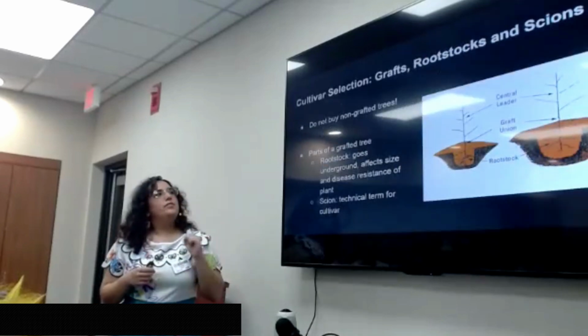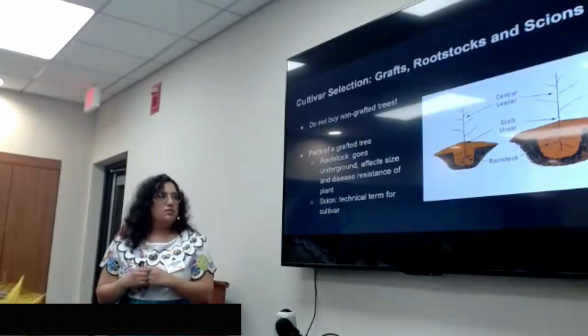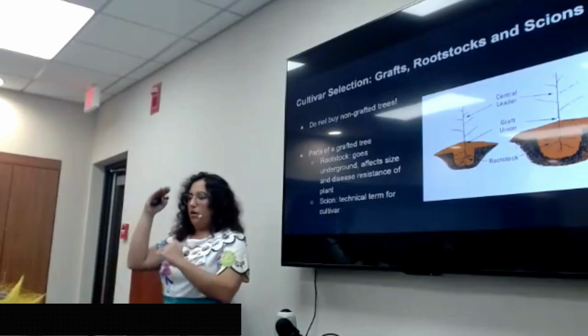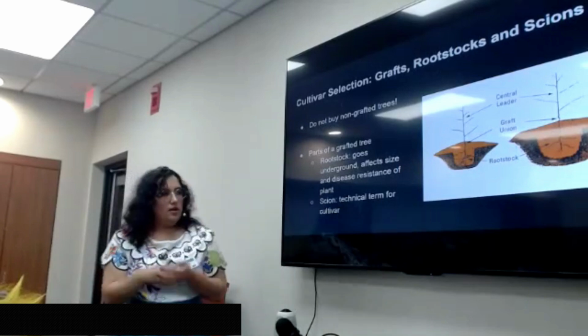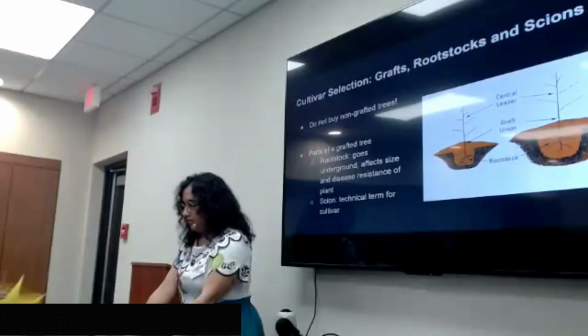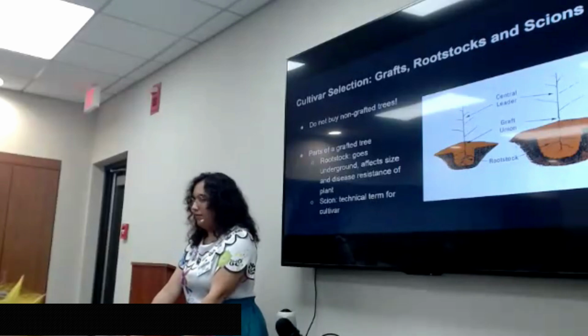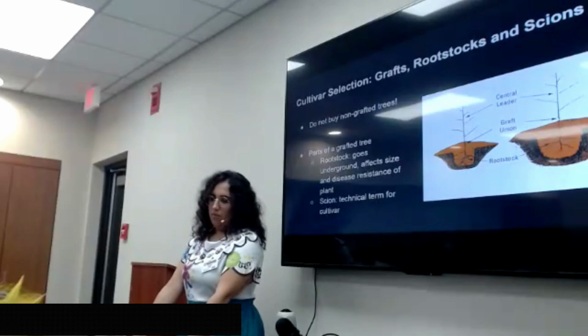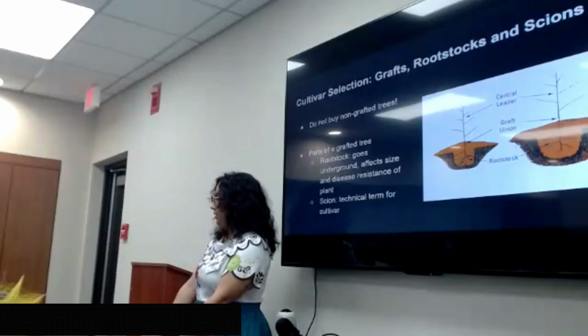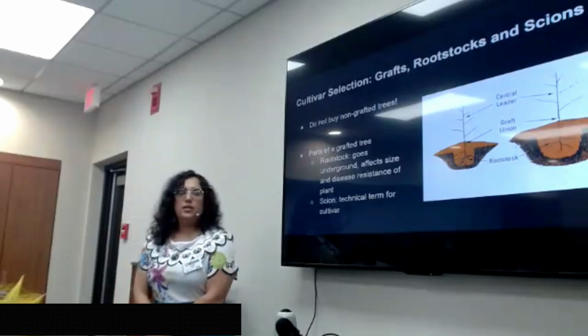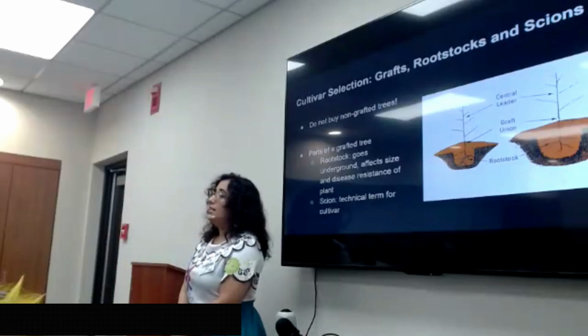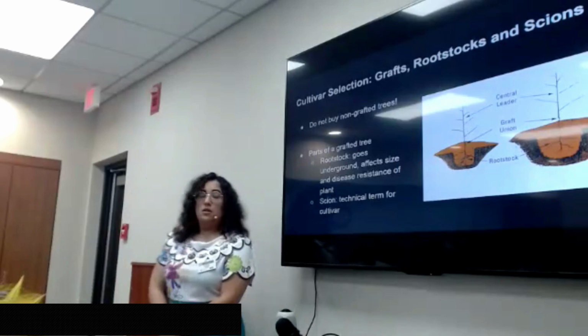So our grafts and our rootstocks and our scions, those terms I was using earlier refer to the different parts of a grafted plant. So our rootstock, as the name implies, is what goes into the ground. That is selected for disease resistance. For example, my graduate advisor and some other professors from the University of Florida just patented a rootstock, MP29, for peaches because it has nematode resistance.